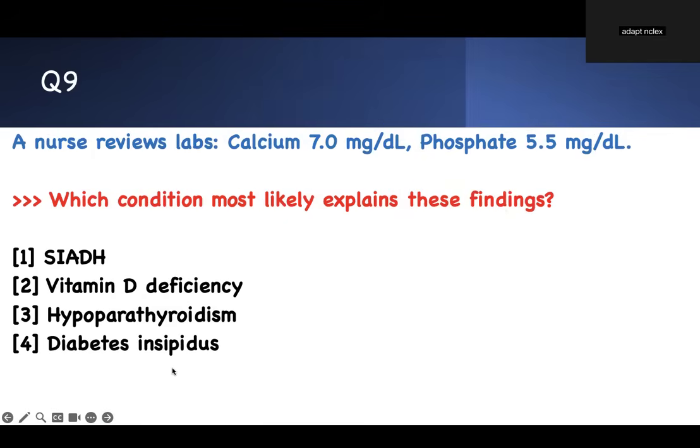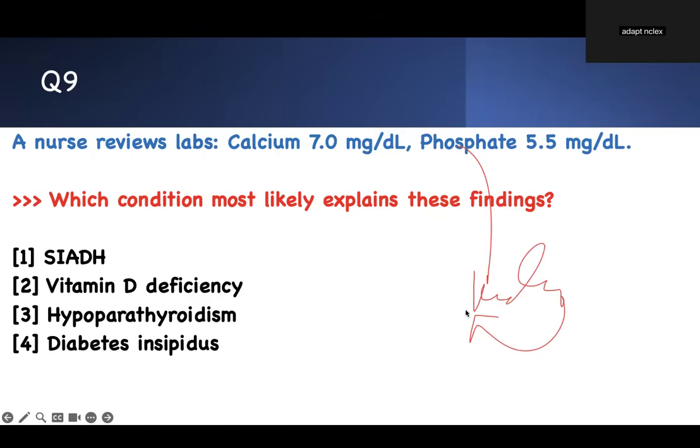Number 9, NCLEX. A client, what is the issue? Calcium is 7.0, and the phosphorus is 5.5. This is the lab work they review. I'm trying to put it together so you can see. Calcium is low, phosphorus is high. Which condition should the nurse expect? What is the problem? That means this patient's kidney is in trouble.